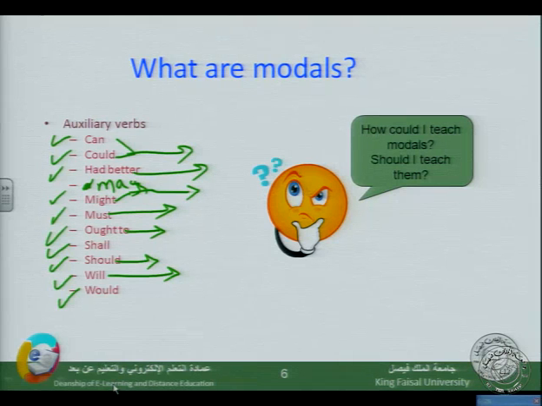For example, they give imperatives instead of making suggestions. So we have polite speech and we have less polite speech. So try to always use polite speech.